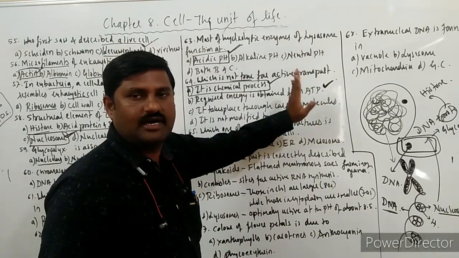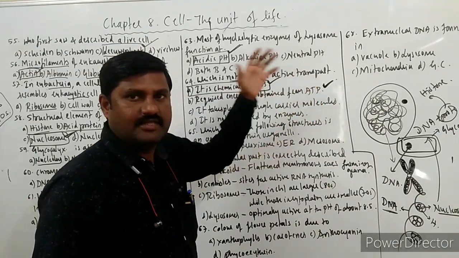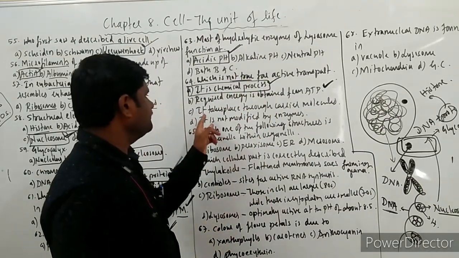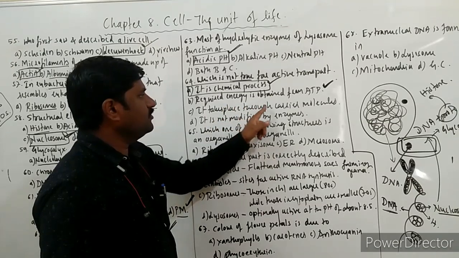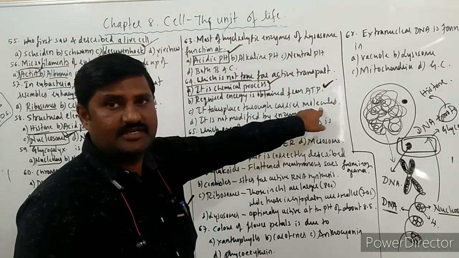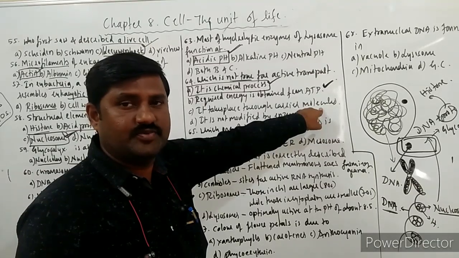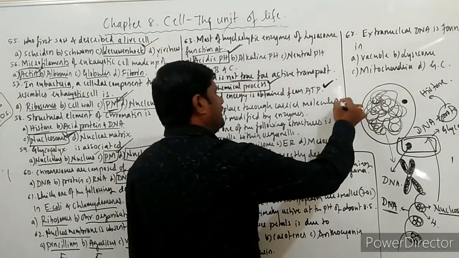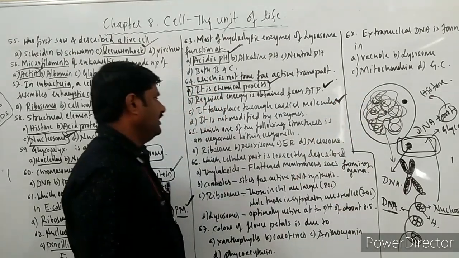These ATPs are nothing but energy packets. The energy is obtained from them. Next option: it takes place through carrier molecules. Of course, carrier proteins, through which active transport takes place. So this is also a correct statement.